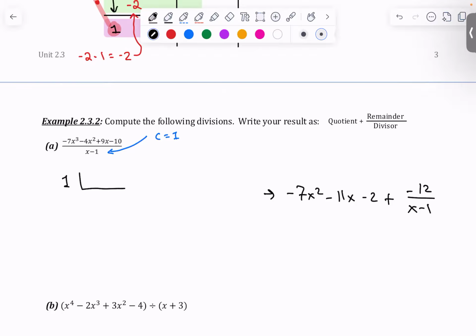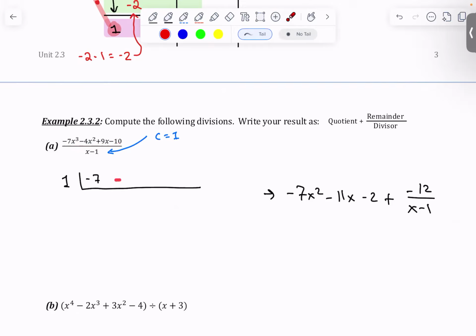1 divided into, we're going to write negative 7x cubed. Notice that all the powers of x are present. There's an x cubed, there's an x squared, there's an x, and there's a constant. If there wasn't, we'd need to write a placeholder, a 0 for any of the x powers that are missing, but there aren't.